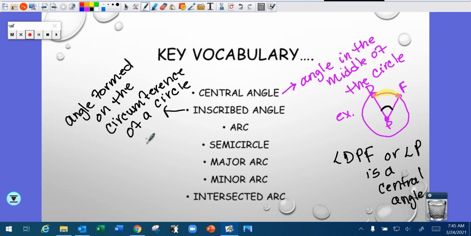And here is what we mean by that. So if I call this angle ABC, this angle right here is called an inscribed angle because the vertex of the angle is on the circumference of the circle. And that yellow part is an intersecting arc.